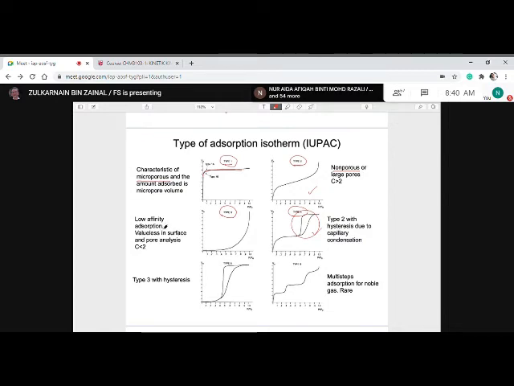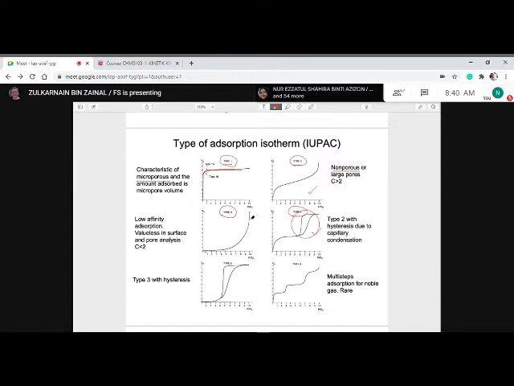So this is adsorption on a low affinity adsorbent, right? Meaning that the interaction between the adsorbent and the adsorbate is not so strong, and you can get this type of adsorption, where you can see that only after you have given quite high pressure can the adsorption occur, right? After a certain high relative pressure only, the adsorption can occur.